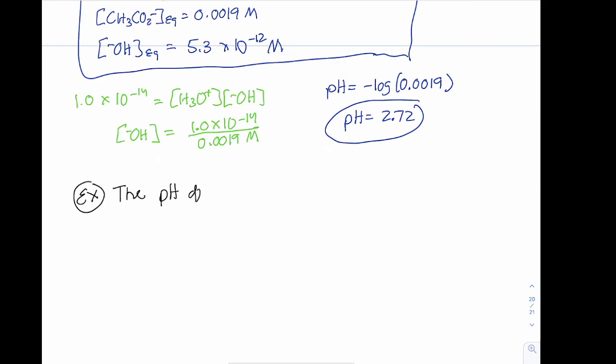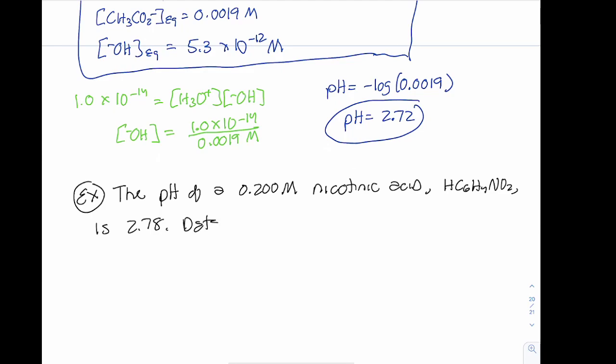So the pH of a 0.200 molar nicotinic acid, which is HC6H4NO2, is 2.78, and we're going to determine the Ka. So we're going to determine our equilibrium constant for this acid.